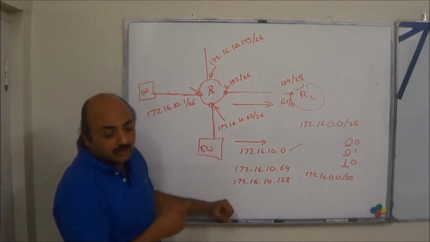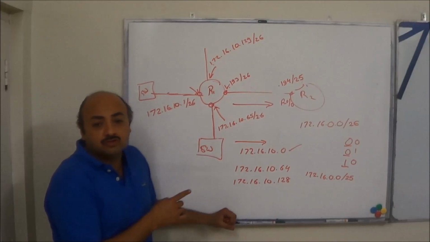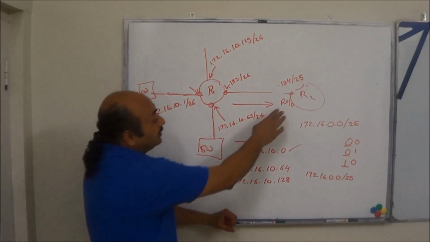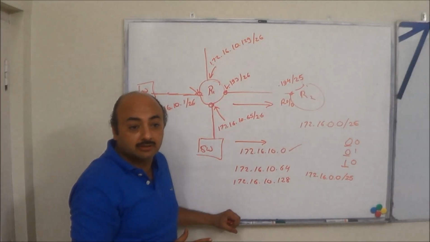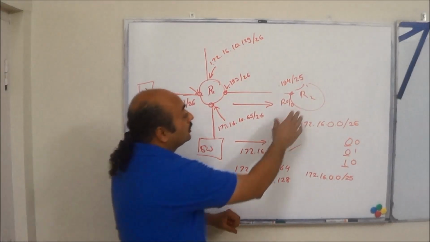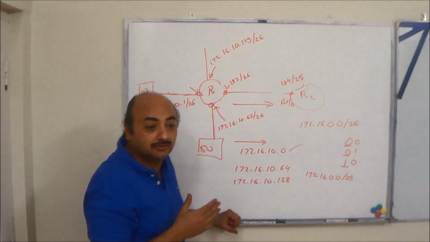The thing you have to remember is, for a router to correctly interpret how the network is, what is it using for making a decision?